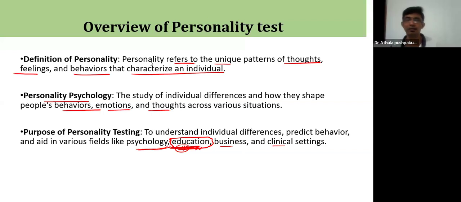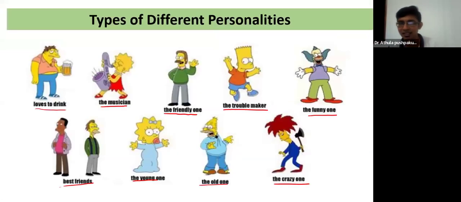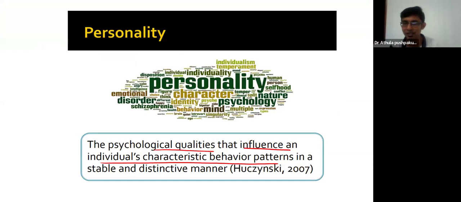Right, okay. Now I think you have all done this part. Now we discuss very simple things: we are trying to understand personality through pictures, where different personalities can be identified. After we defined the meaning of personality, it's the psychological qualities that impact the behavioral pattern.